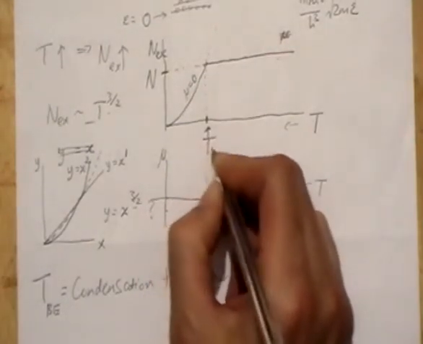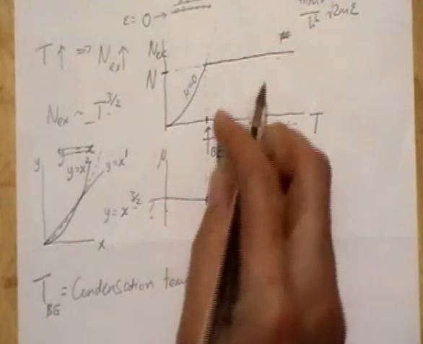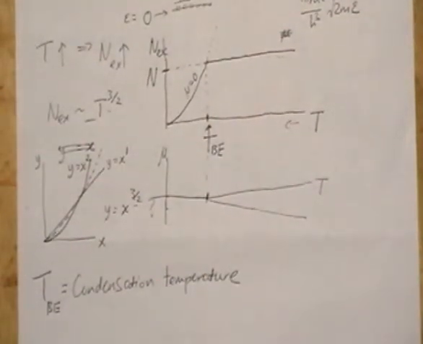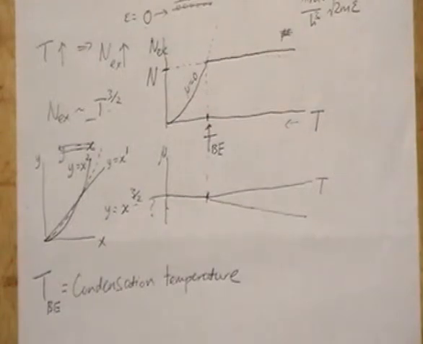So we call that T_BE. It is the temperature below which particles start going into the ground state on a macroscopic scale.